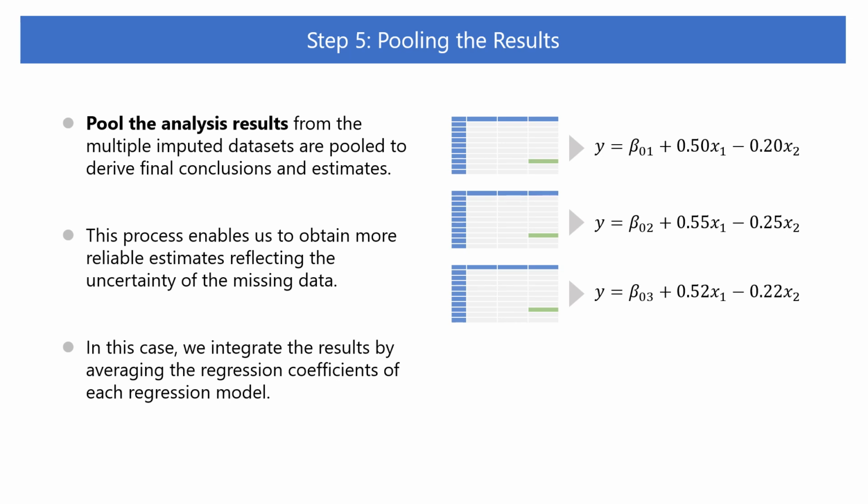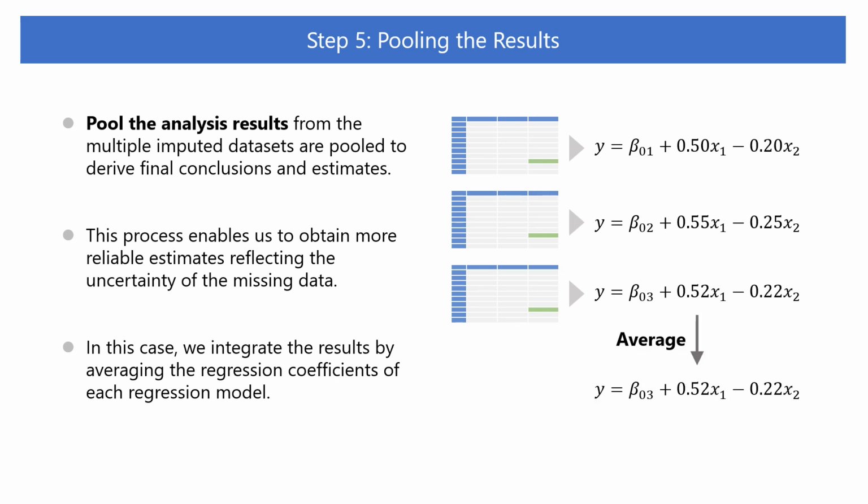In the previous step, we perform regression analysis for three datasets and obtain the parameters and metrics of each regression model. Since the imputed values for missing data differ for each imputed dataset, the values of these parameters and metrics may also differ slightly.